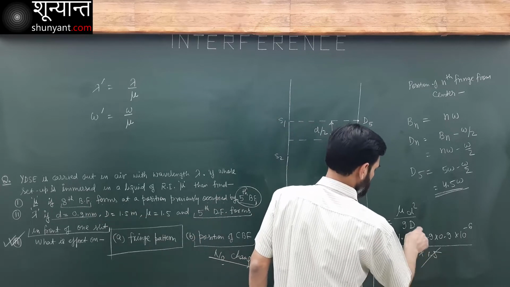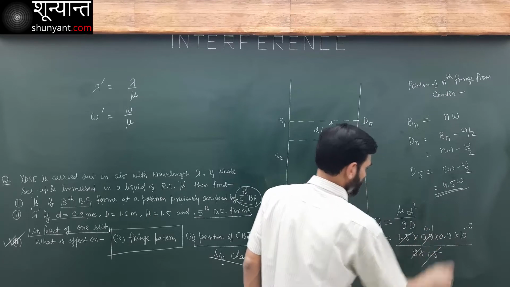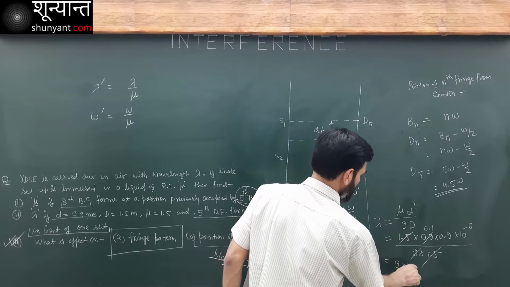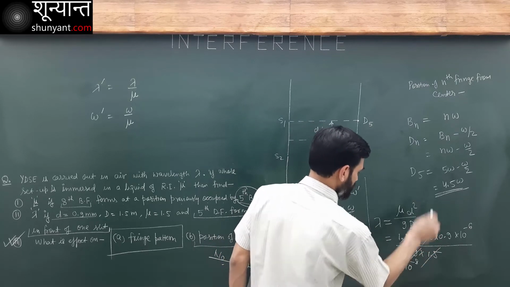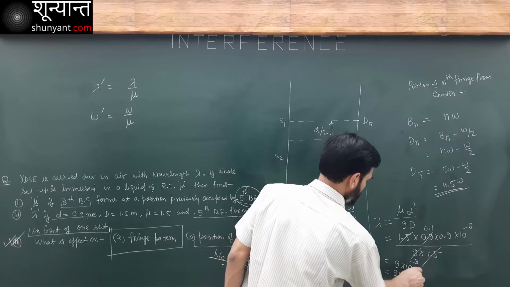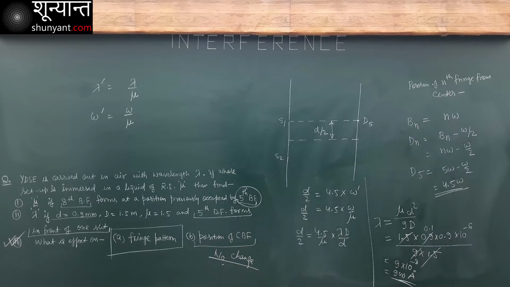So this gets cancelled. This becomes 0.1, so it becomes 9 times 10 power minus 8. So 900 angstrom. Okay, that's fine. Answer is fine.